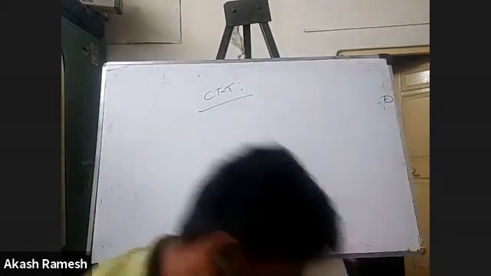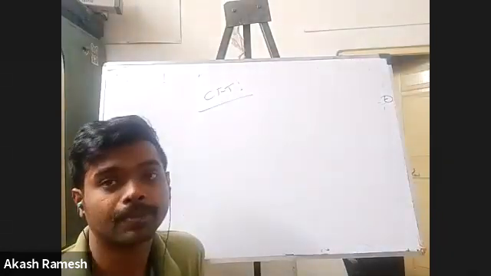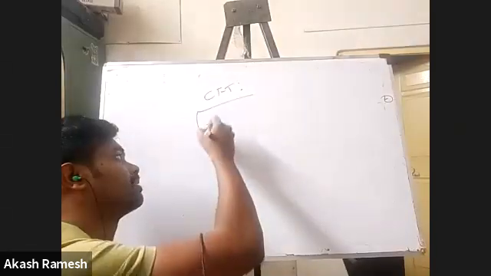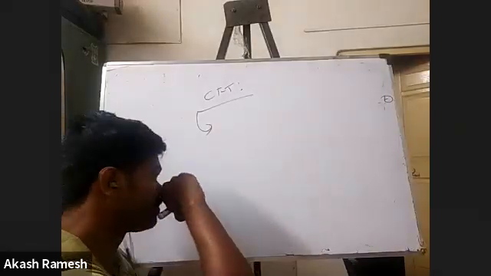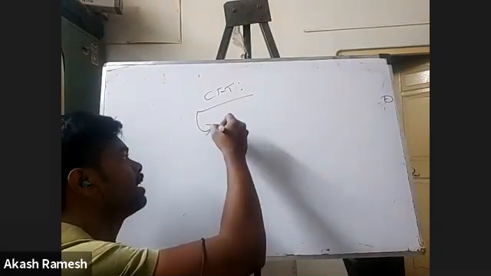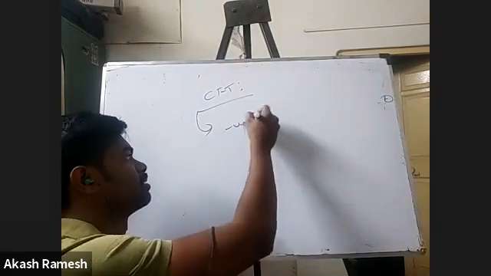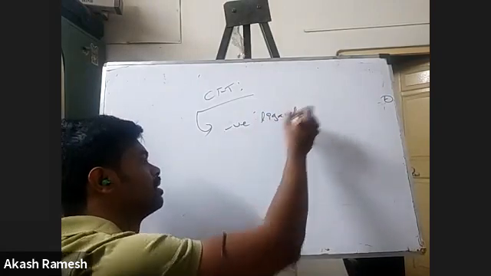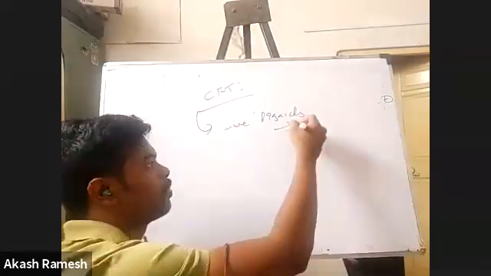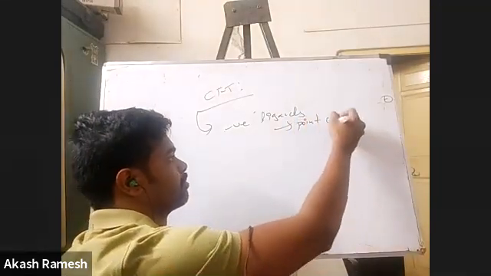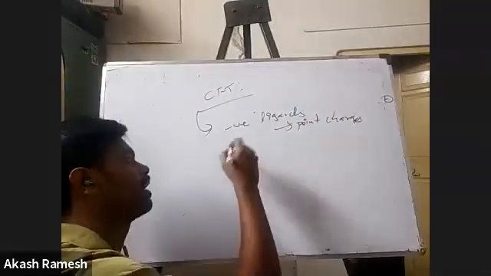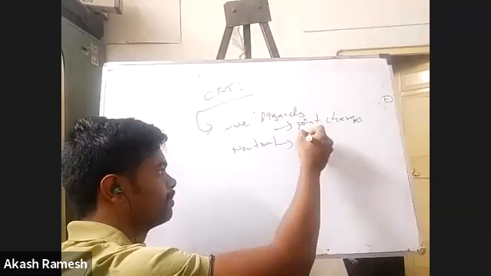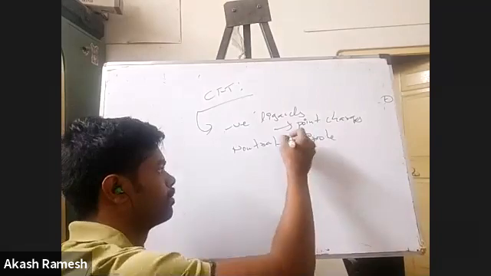Okay, right. So CFT has its own assumptions. CFT is going to assume that negatively charged ligands are treated as point charges, and when I have a neutral ligand, that is treated as a point dipole.